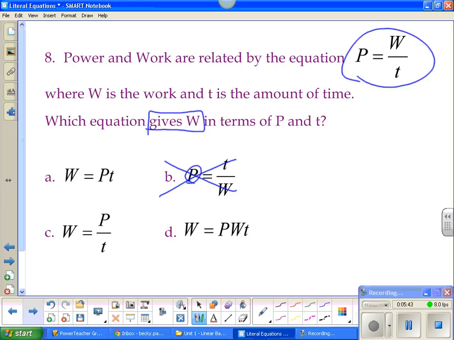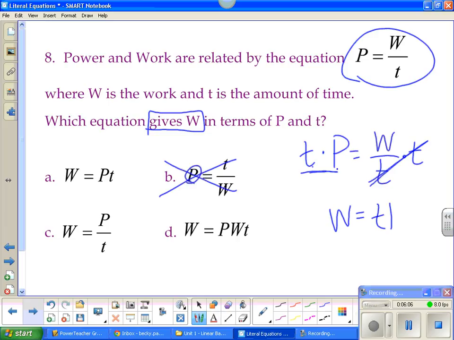So then I take the original problem, and again it wanted me to solve for W. What's with the W? That's the T, and currently it's being divided by T, so I'm going to do the opposite of that, and multiply both sides by T. That causes these T's to cancel, and I have W equals, and on this side I have T times P. So let's find an answer that says W equals T times P. And the answer is A. Even though I have T times P and they have P times T, that's the same thing.